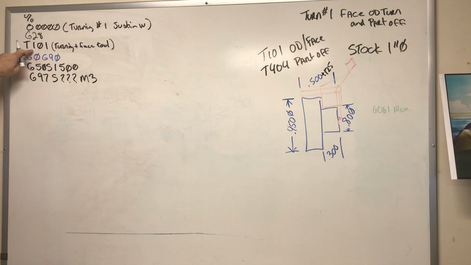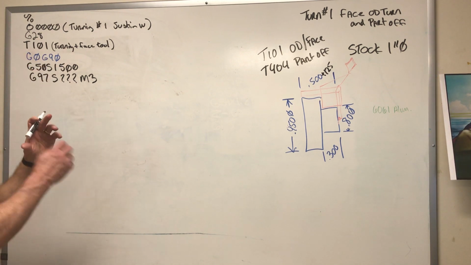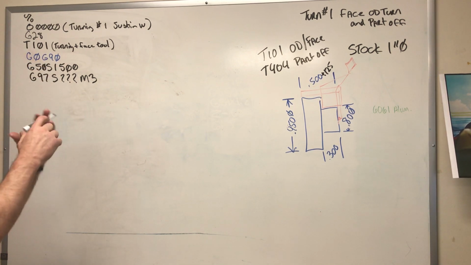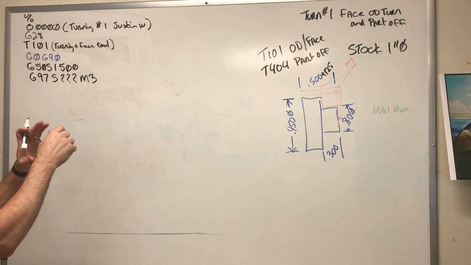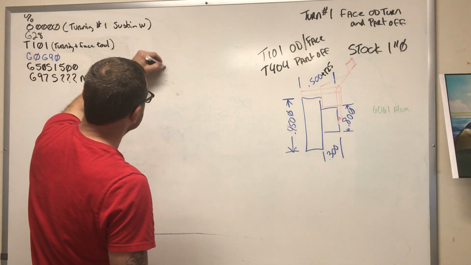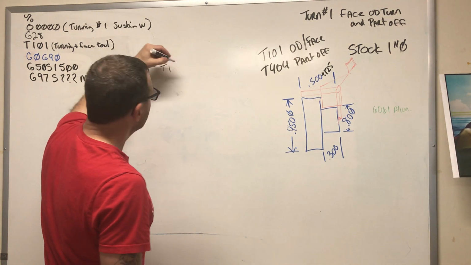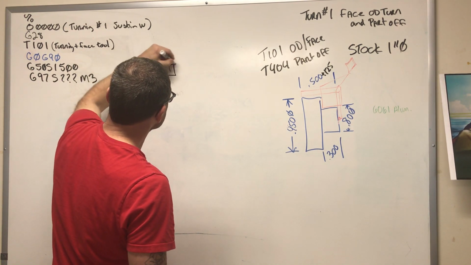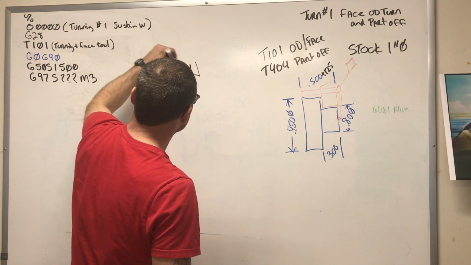Tool 1 is T101. That means I'm going to index to turret position 1, and I'm going to use the work offset of 1. So T1 is turret position, 01 is work offset.